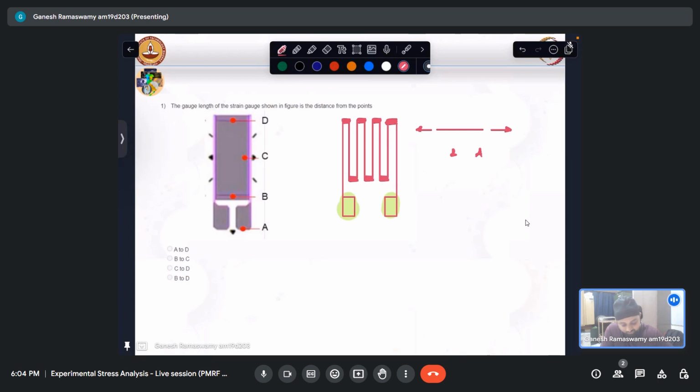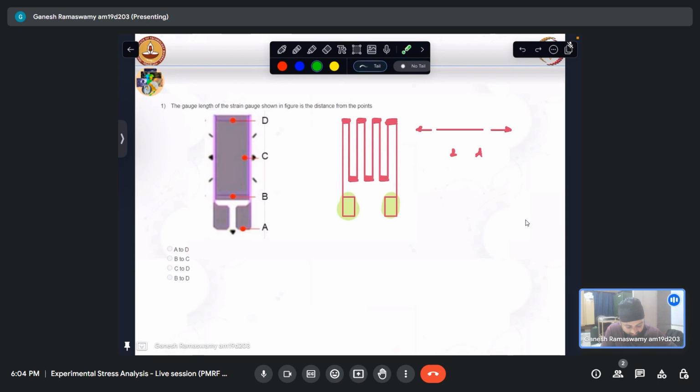Now because I have coiled it up, here the main direction of loading is that. So these vertical wires get stretched like that.